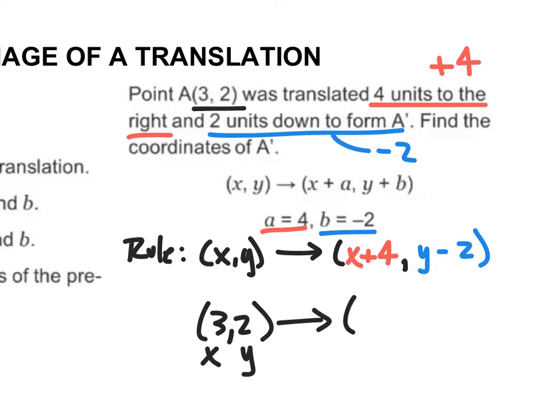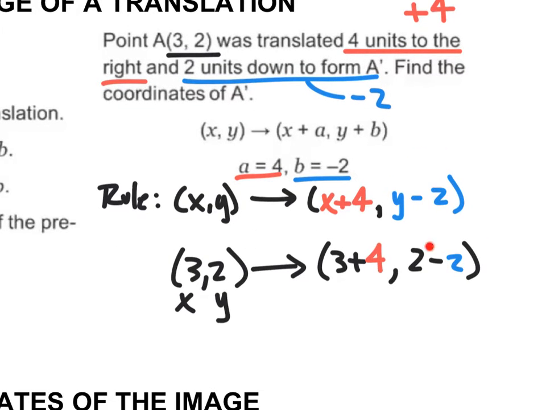So I then want to do 3 plus 4, comma, y, which is 2, then minus 2. And so I have to do the math inside of this, and this will give me my new point.